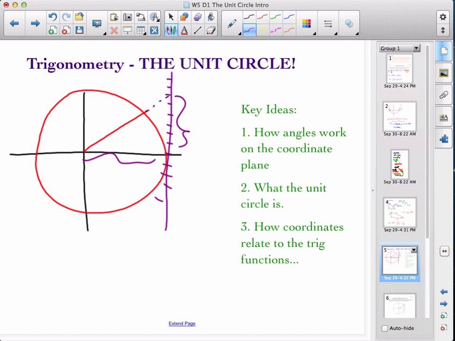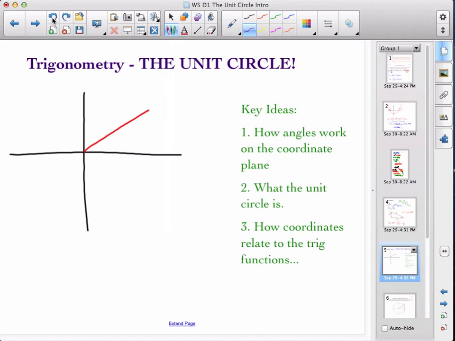Okay. So the idea stems from the fact that you can show an angle on a coordinate plane, right? So here's an x and here's a y. That's probably worth labeling, right? Give yourself a little coordinate there. So we know we're just dealing with that same little coordinate plane that we've run into before, okay? And we can draw and express angles on the coordinate plane, okay?